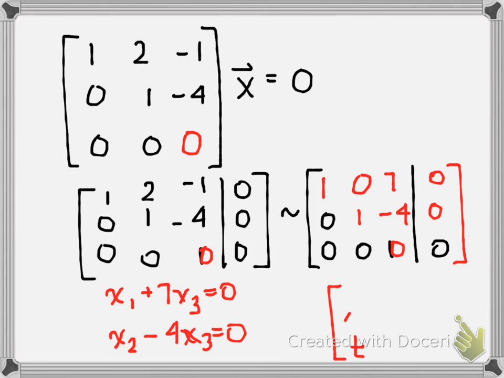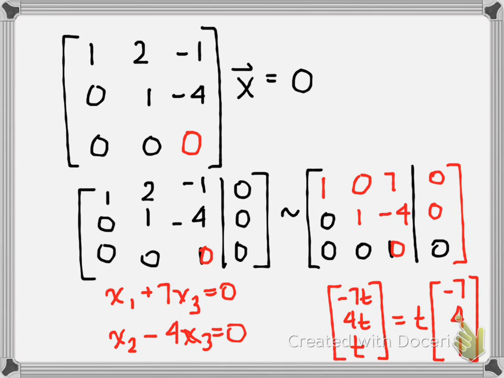Then x2 is 4t, and x1 is negative 7t, which tells us that all eigenvectors associated with eigenvalue 2 are some real number t times negative 7, 4, 1. And those would be our eigenvectors associated with eigenvalue 2.